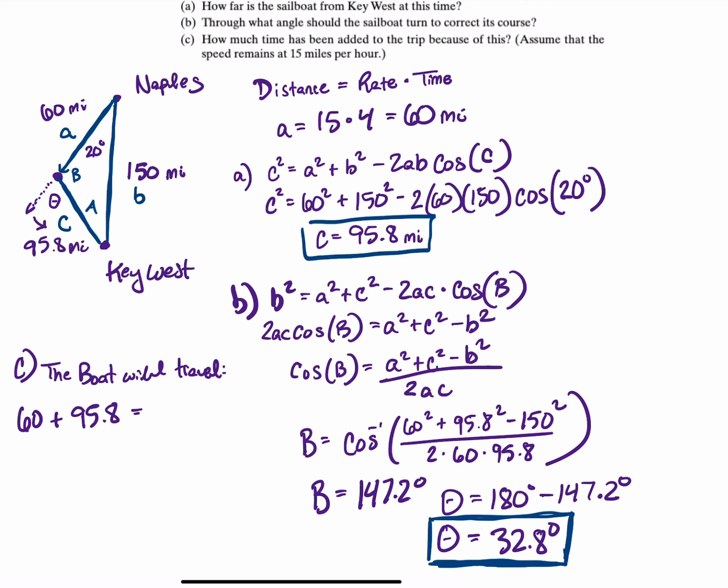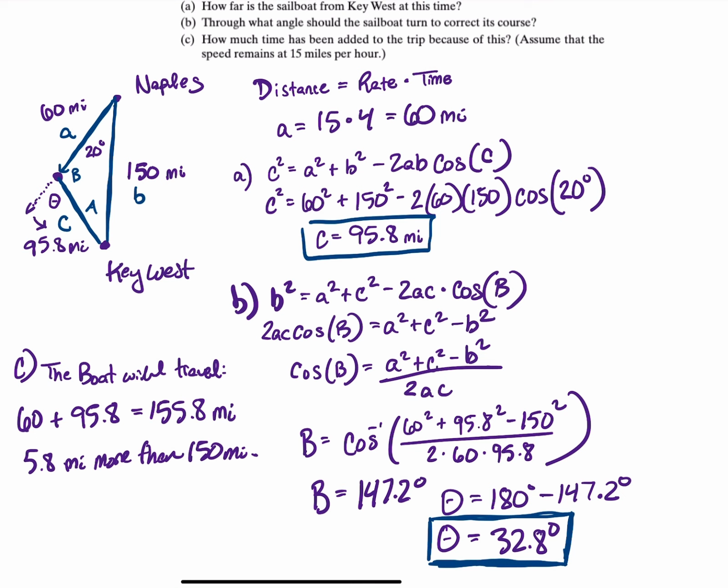So that's a total of 155.8 miles. So it's 5.8 miles more than the direct route, which was 150. So let's just find out, going 15 miles per hour, how long it'll take us to traverse 5.8 miles.